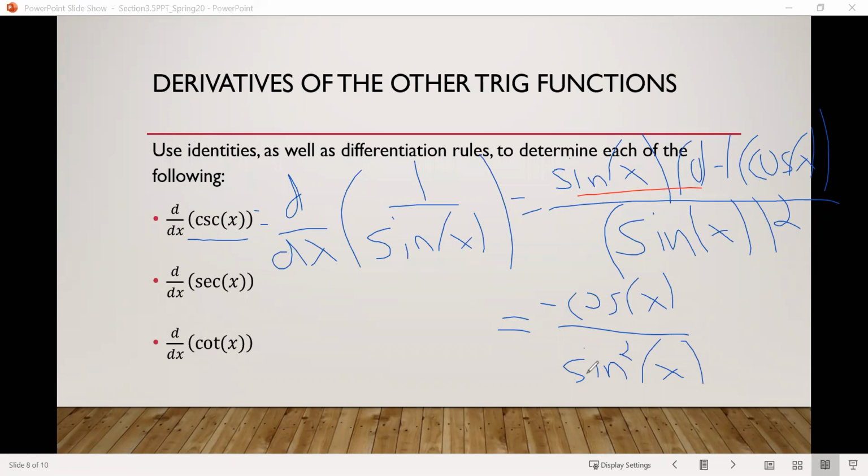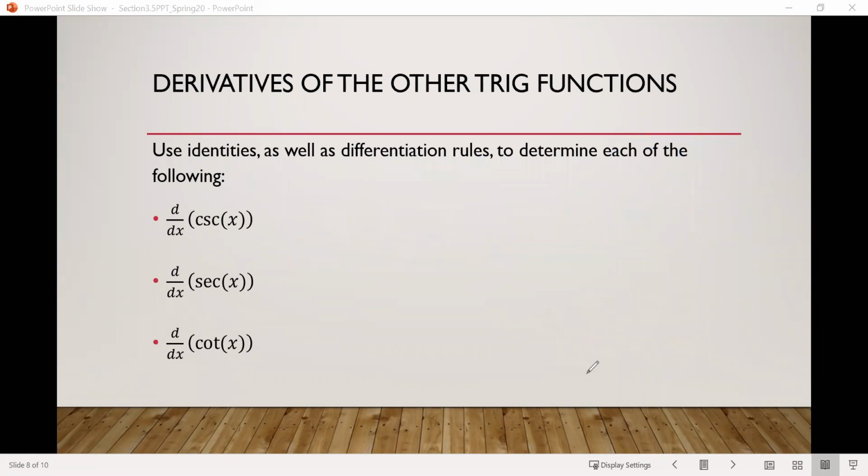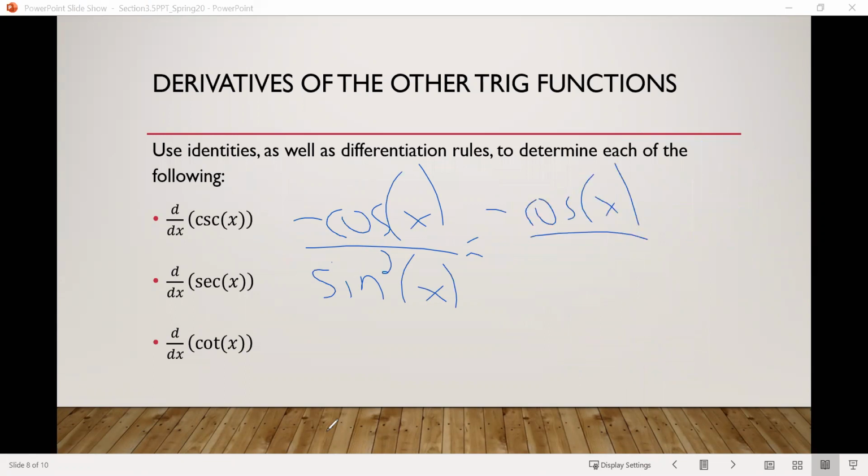So let me clear that out. And so we were at negative cosine x over sine squared. And another way to write this, especially since we have the sine squared on the bottom, would be negative cosine of x over sine of x times 1 over sine of x.